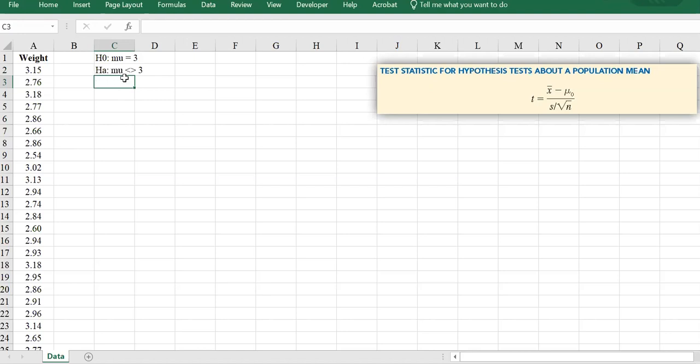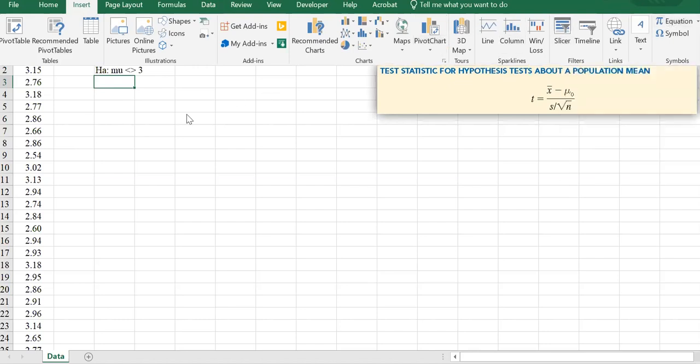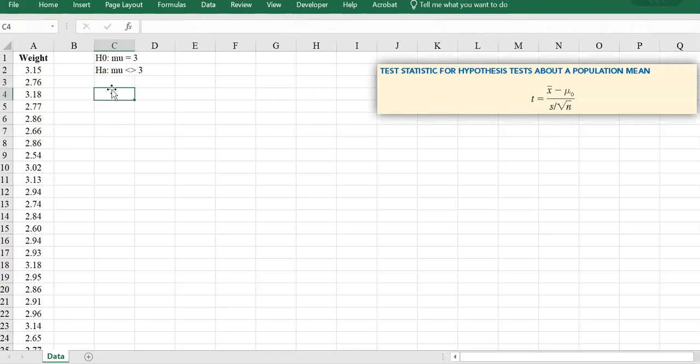You can also use the equation tool, going to the insert tab and adding an equation, but it doesn't really matter. What matters to us is the accuracy of the statistical process, not the typing. As long as you can carry the meaning, that's fine. So this is the set of hypotheses that we're trying to test, and this is the test statistic.